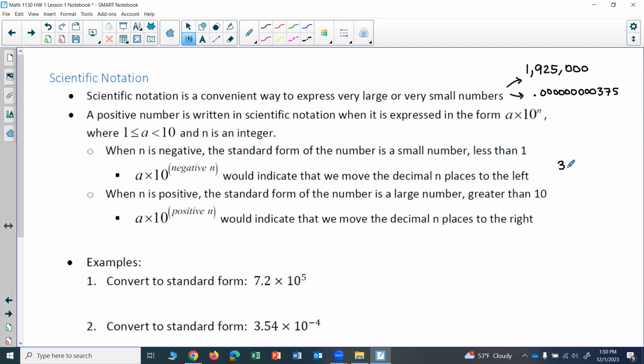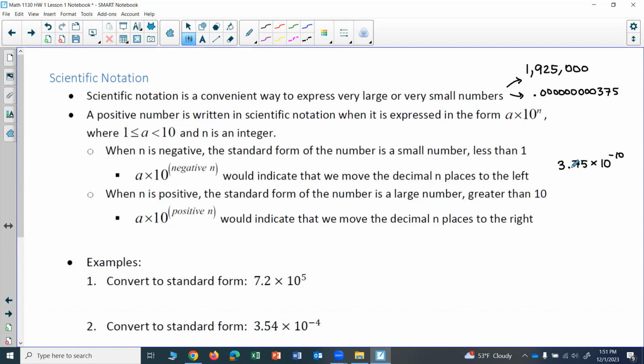Let's say I had 3.75 times 10, and let me figure out how many spots I would have to move that. I would have to move it 1, 2, 3, 4, 5, 6, 7, 8, 9, 10. So times 10 to the negative 10.